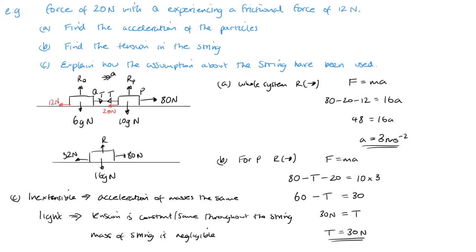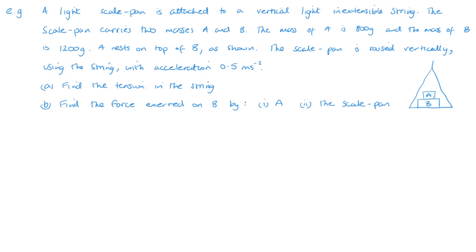Now let's have a look at another example. Before we get into this example, Newton's third law of motion states that for every action there is an equal and opposite reaction. What that means is that if two bodies A and B are in contact, and body A exerts a force on body B, then body B exerts a force that is equal and acts in the opposite direction.